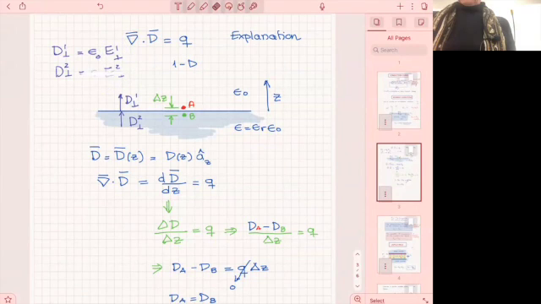Consider continuity in the normal component of D, and discontinuity in E. According to Gauss's law, if we had one charge or a number of charges on the interface, then at those points the divergence of D would be equal to that charge density.